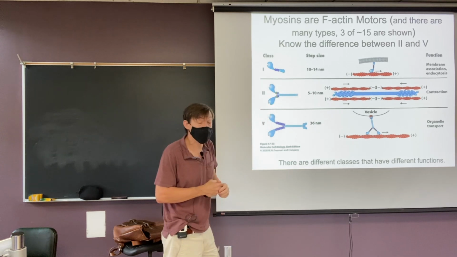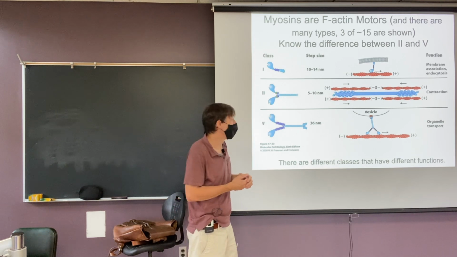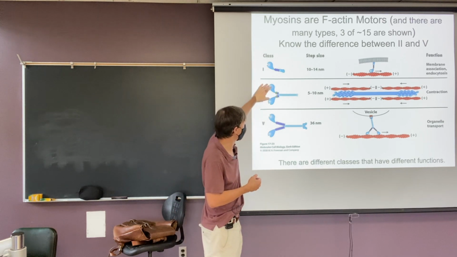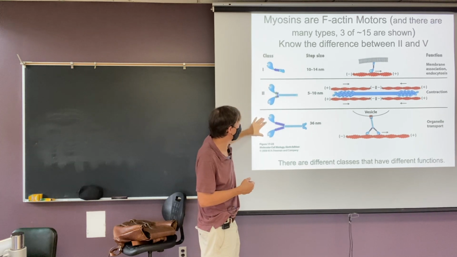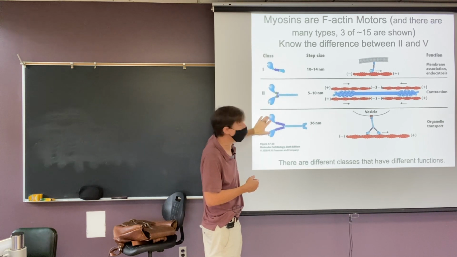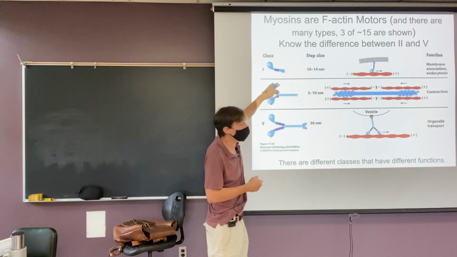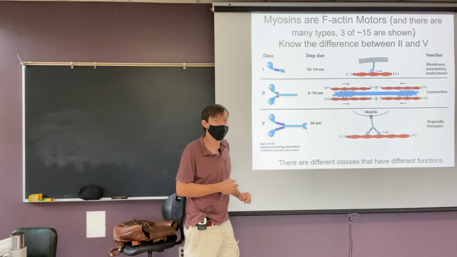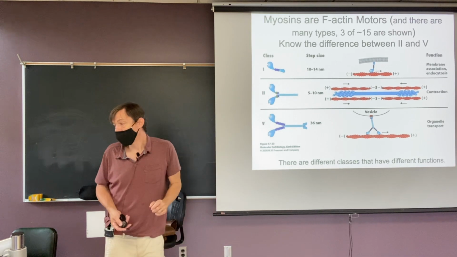The different proteins have different functions, and they also have different structures. Here's myosin 2, and here's myosin 5. These are the regions that are going to bind to the ATP. And you see that there's a big difference in the neck domain here. This will be important, and we'll come back to that.